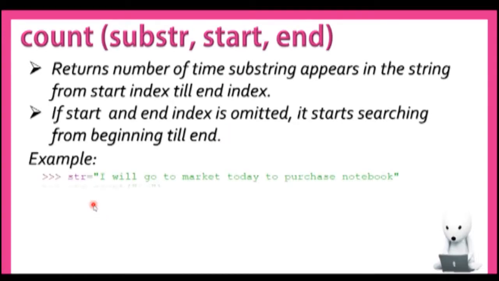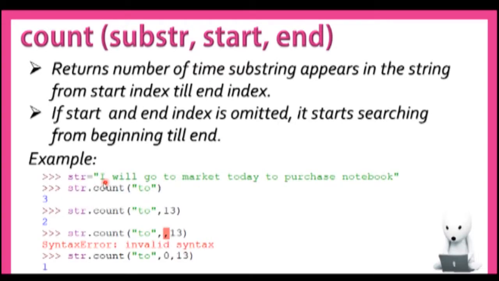Let's see an example. If I store str is equal to "I will go to market today to purchase notebook", and use str.count of 2, I have not given starting and ending subscripts, so it starts counting from the first index till the end, and in this string 2 appears 3 times, so the output is 3.